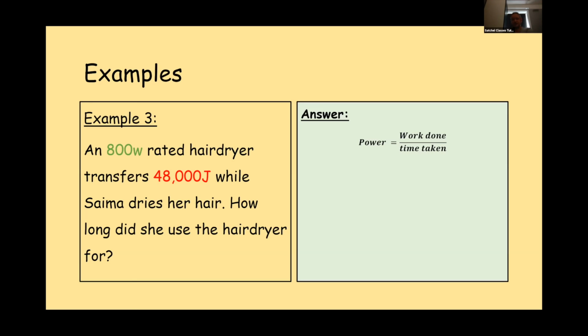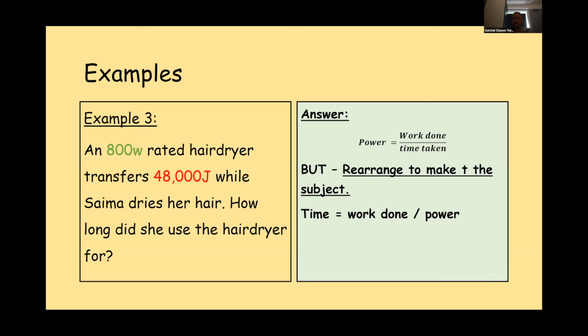Power equals work done divided by time taken, but now I'm rearranging it to make t the subject. So time is work done divided by the power. 48,000 joules divided by 800 watts, and the time is 60, and because it's always measured in seconds, it's 60 seconds. Be careful of this, because in the exam they could ask you to give the time in minutes or in hours, in which case you have to be able to convert seconds to minutes and hours, which is straightforward enough.